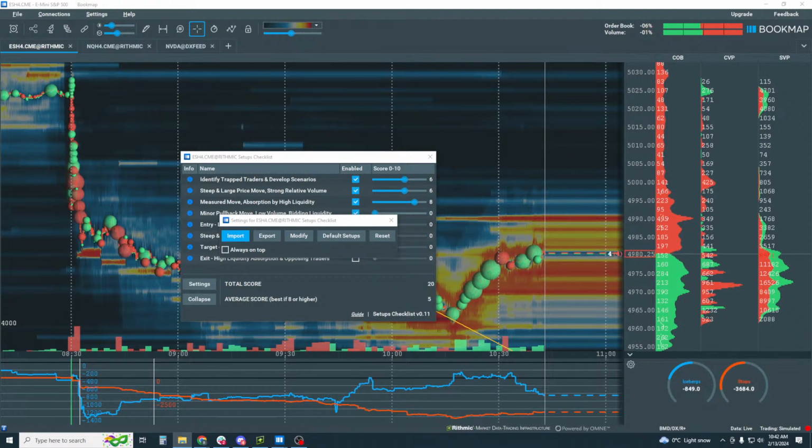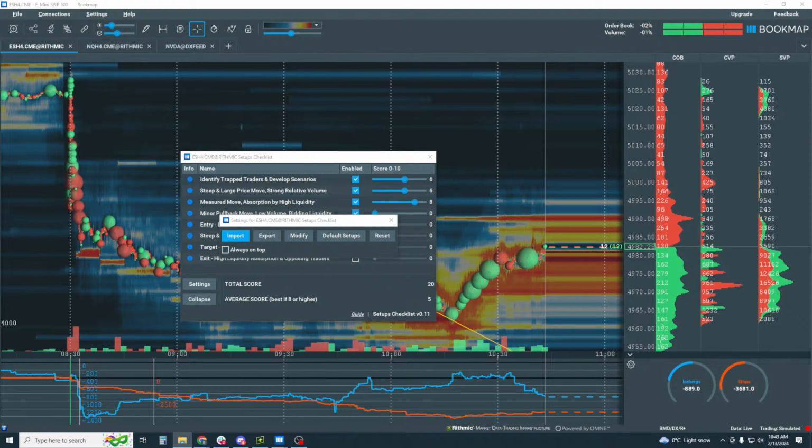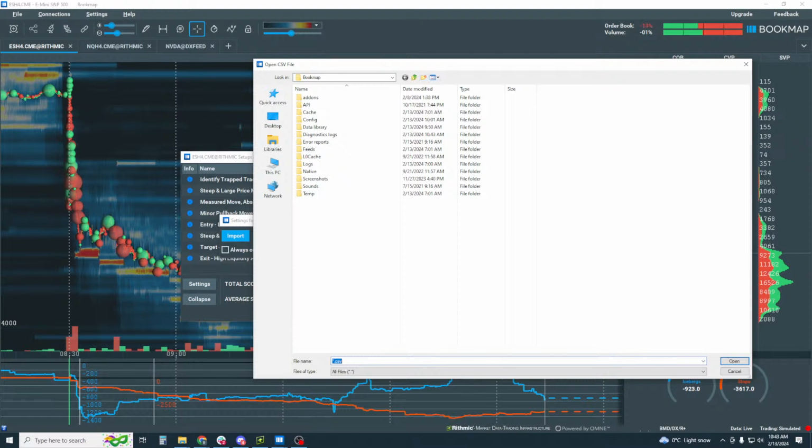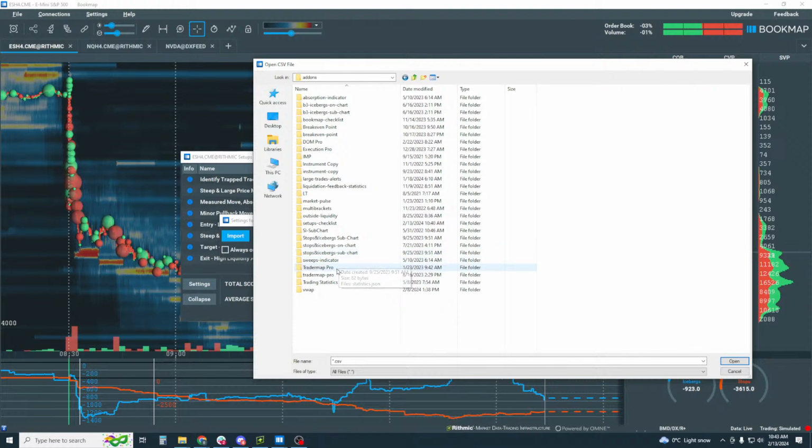Once we find it and get it down here, it's very simple. Import, add-ons, setups checklist.